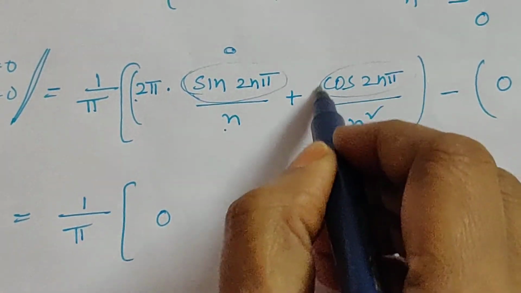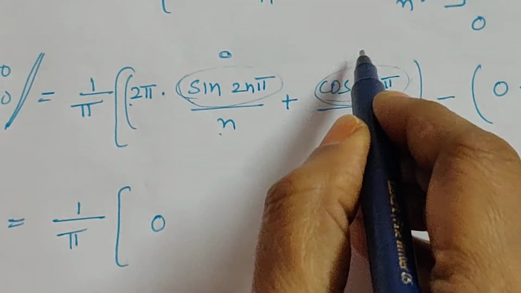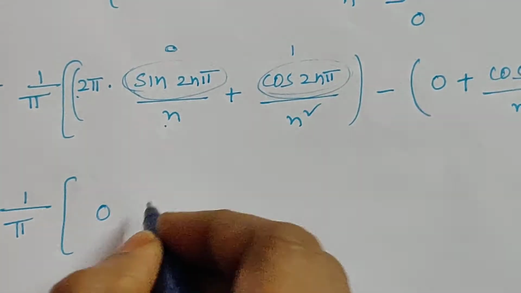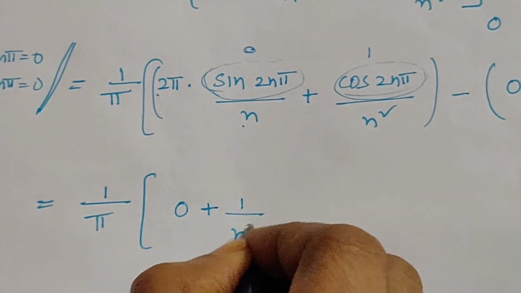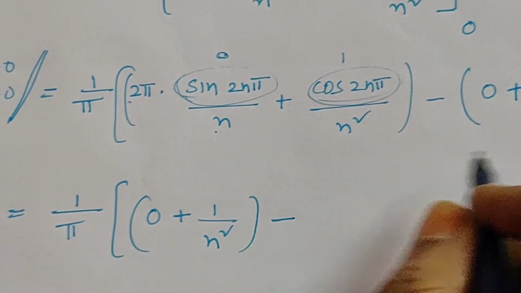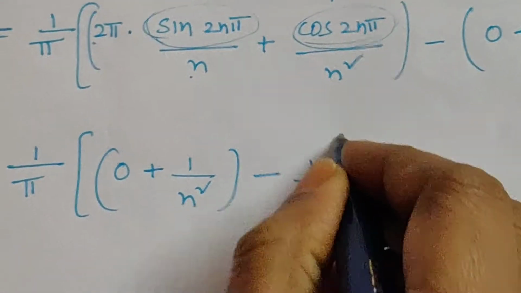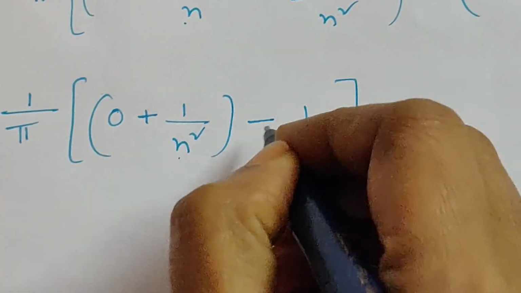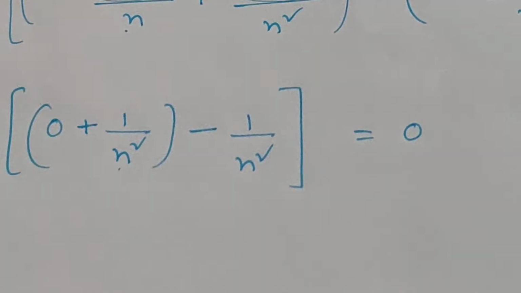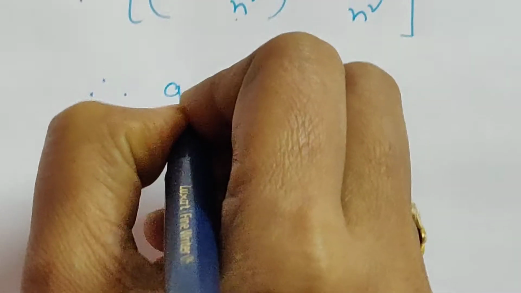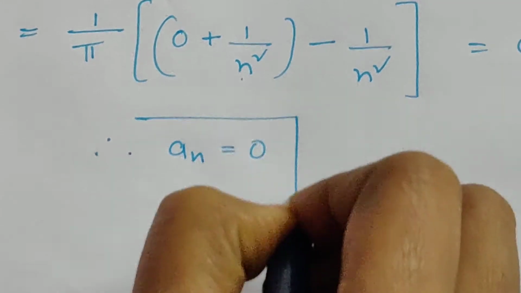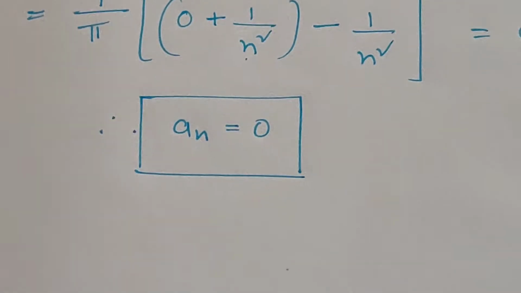Cos 2nπ value is 1, so 1/n² minus cos 0 value 1, so 1/n². 1/n² minus 1/n² is 0. Therefore, you got an equal to 0.